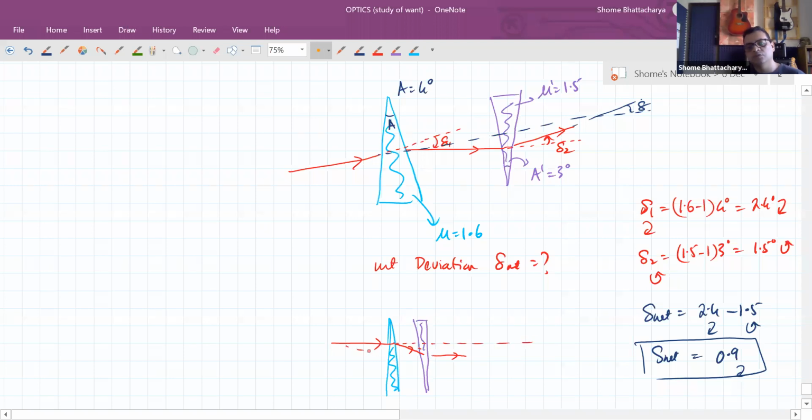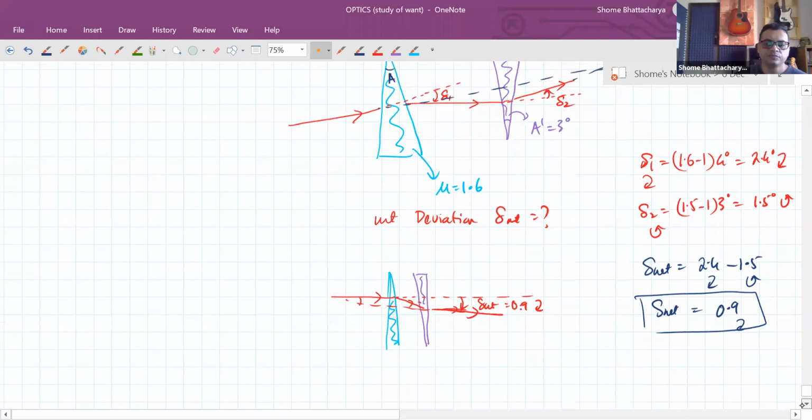So this one, if we produce this back now, this is the net deviation. This angle is the net deviation. So it is 0.9 degrees clockwise. Okay, so this is about prisms.